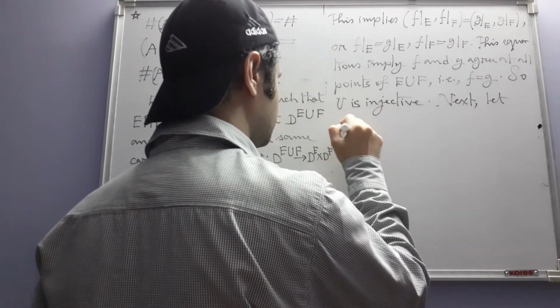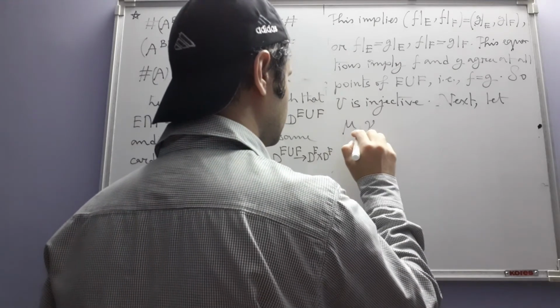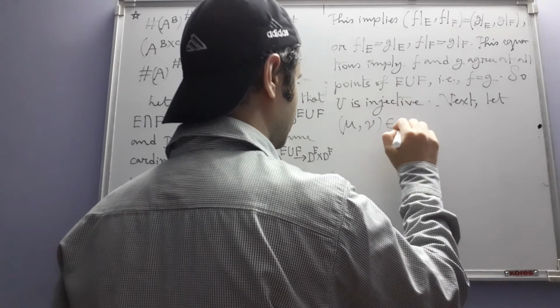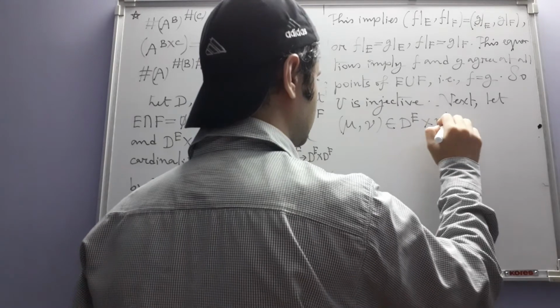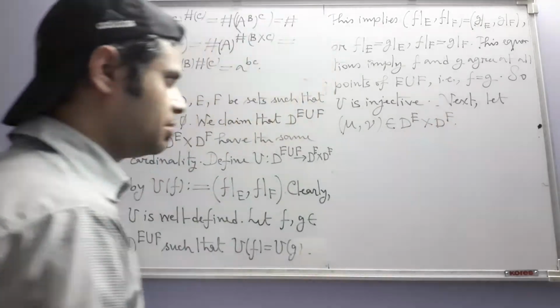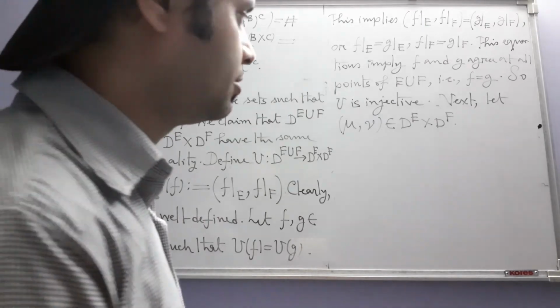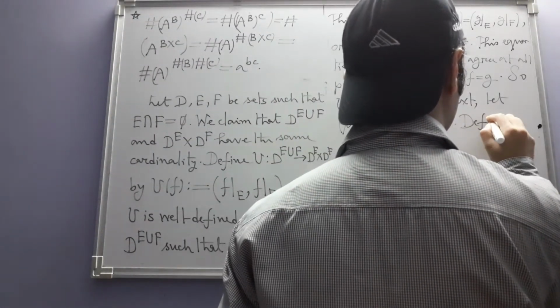Let us take mu, nu be an element in this. So that means mu is a function from E into D, nu is a function from F into D.